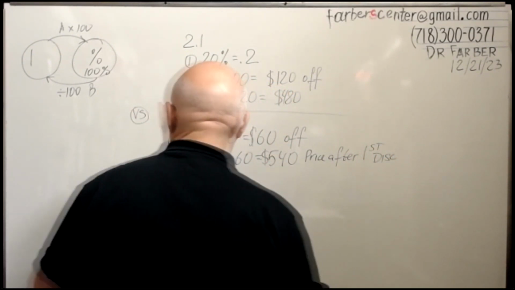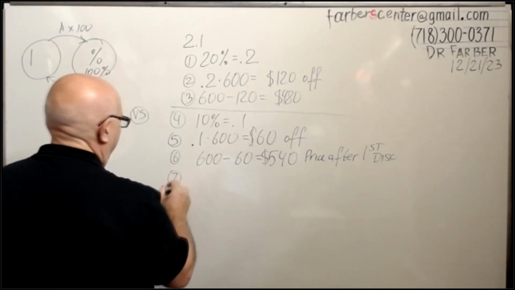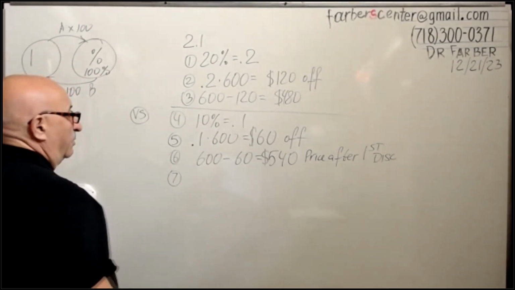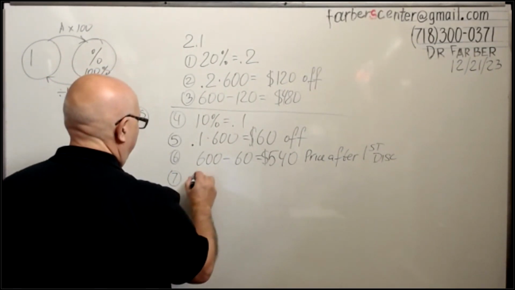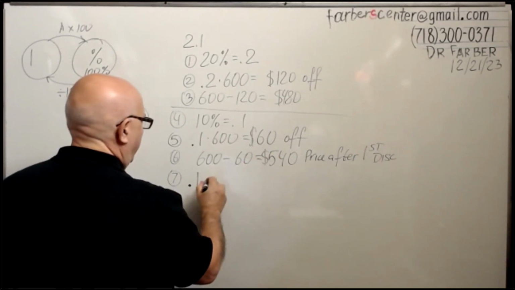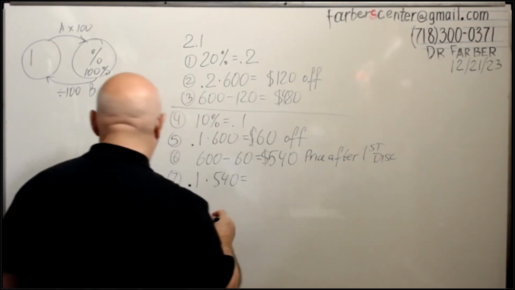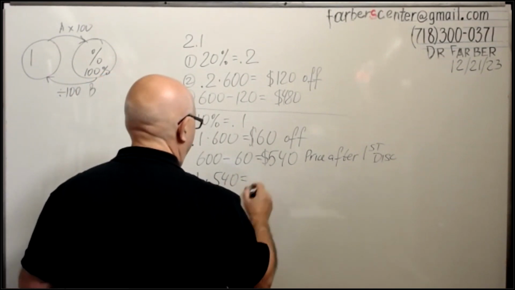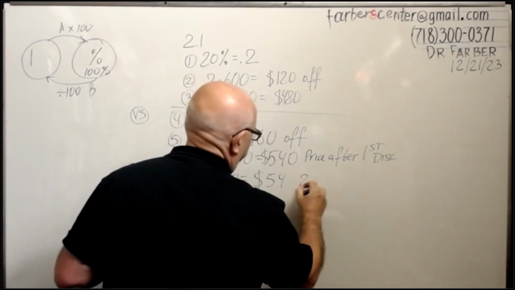Next, after that, they have 2 successive discounts. So you take from this also 10%, 0.1 of this new price, and you get 540 times 0.1 is $54. This is the second discount.